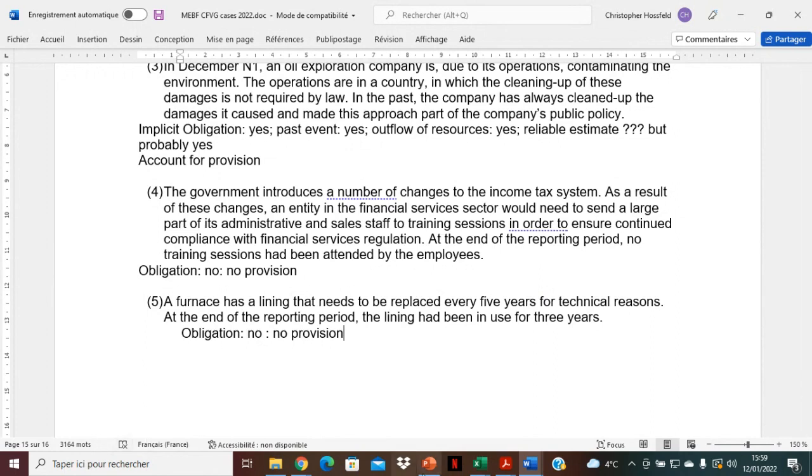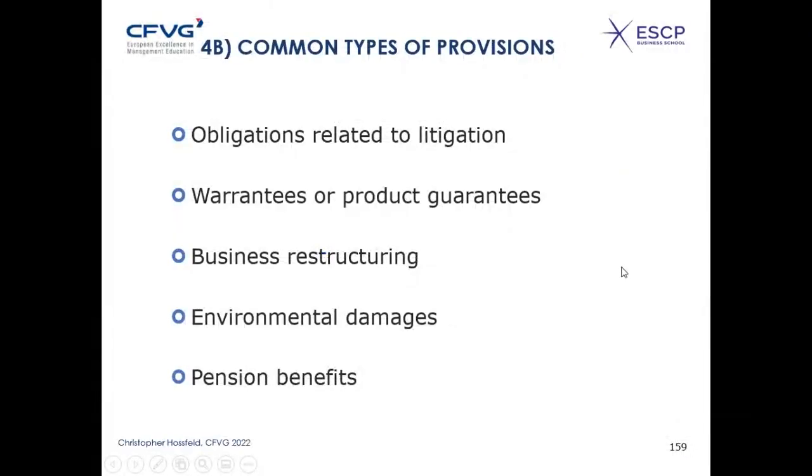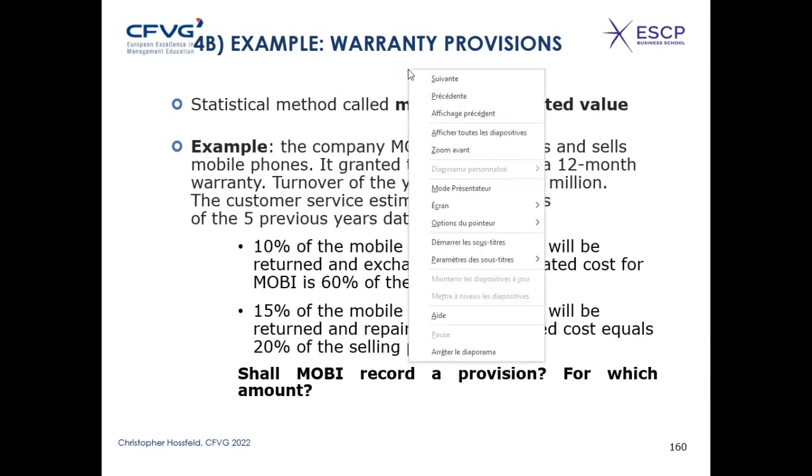So we need 4 conditions in order to account for provisions, and then we stop. Sometimes, obviously, for example for warranty provisions, the valuation is probability based on historical experience and on the expected value of what I pay. So it's not always the highest probability, but it can also be a weighted average amount, like in this example where we sell mobile phones with a warranty.